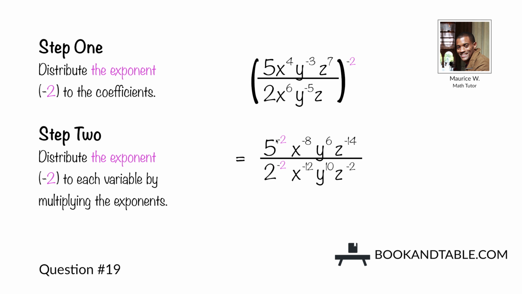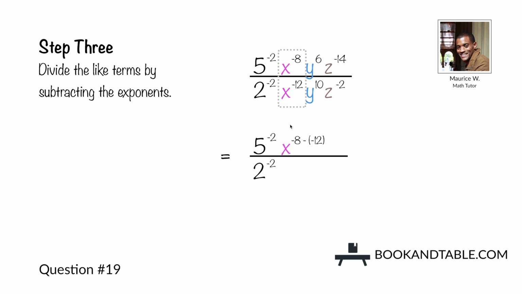Now, before we deal with our coefficients, let's simplify our variables x, y, and z by dividing the like terms. So x to the negative 8 divided by x to the negative 12 is equal to x to the negative 8 minus negative 12. Negative 8 plus 12 would give you positive 4.